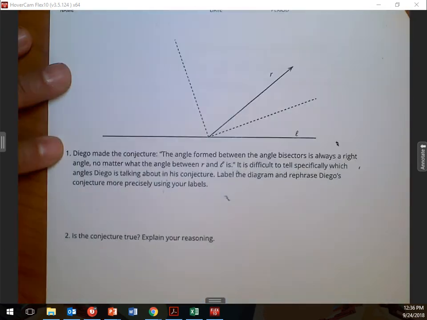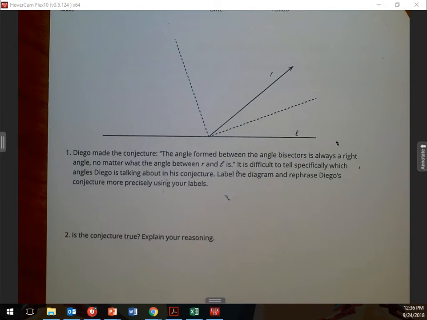Now, let's flip it so we could actually get to the diagram. All right, it says right here. Diego made the conjecture that the angle formed between the angle bisectors is always a right angle, no matter what the angle between R and L is.